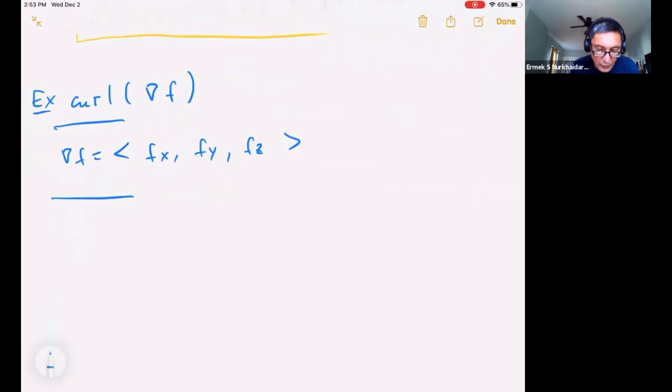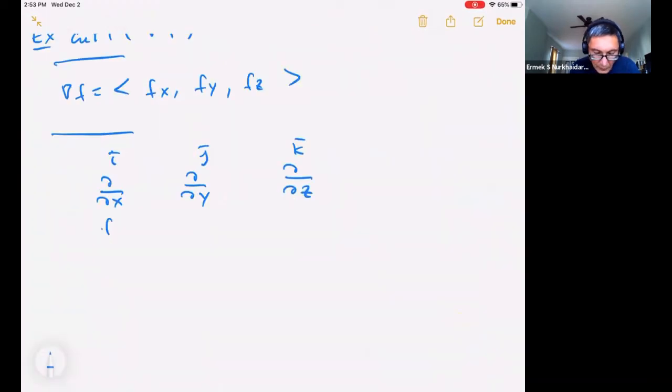So we're going to write down i, j, k. Partial derivative with respect to x, partial derivative with respect to y, partial derivative with respect to z, and then the partials f_x, f_y, f_z. Right?